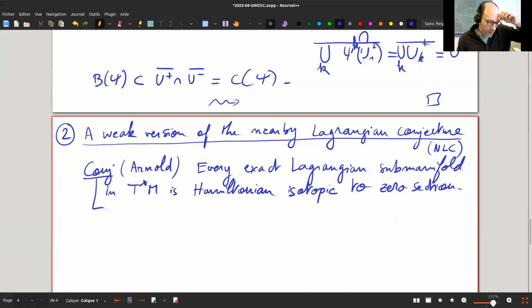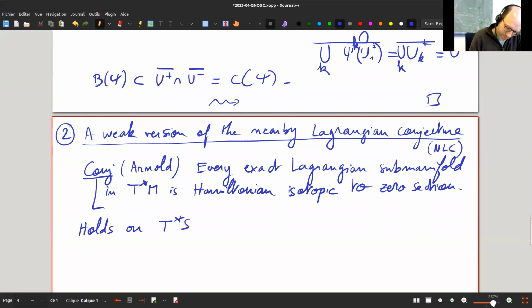So it's really a central conjecture nowadays. A lot of people have been working on it, but it's still open. It's true in some cases. It holds on T star S1, which is not too difficult.